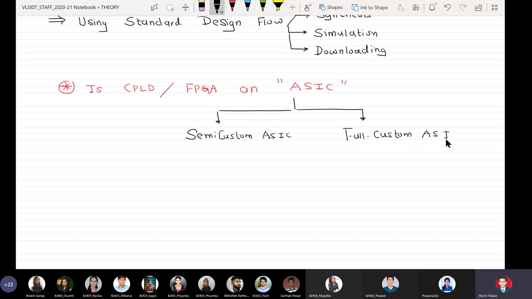Okay, so understand that CPLD, comma, FPGAs are an example of semi-custom ASIC, not a full custom ASIC.